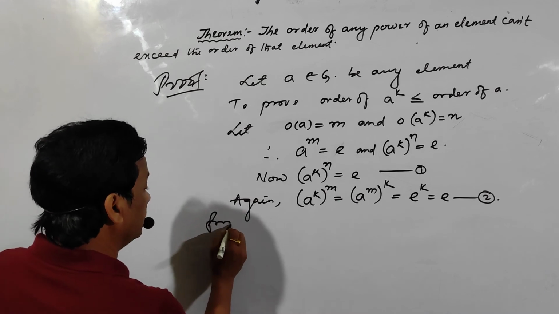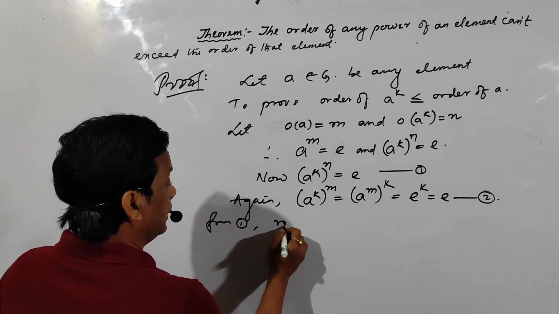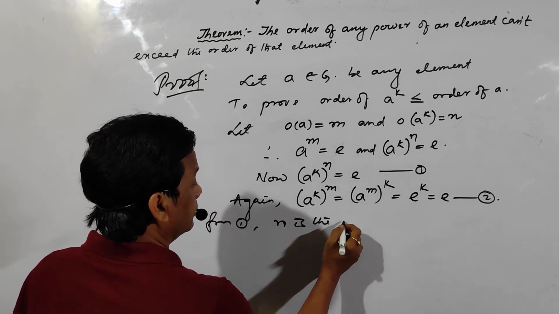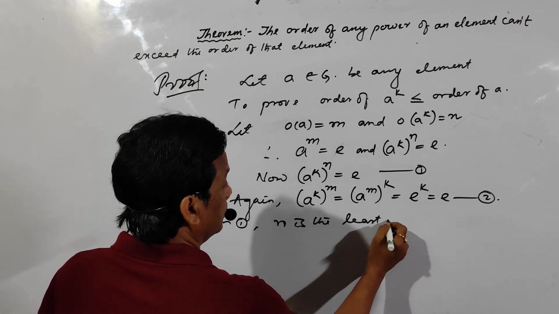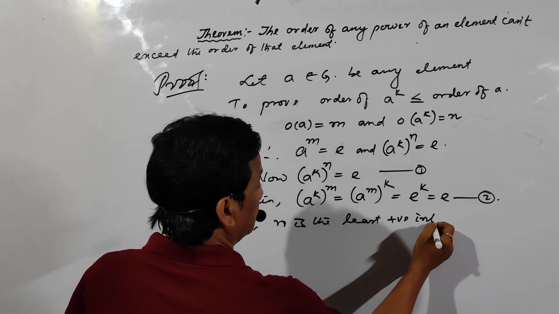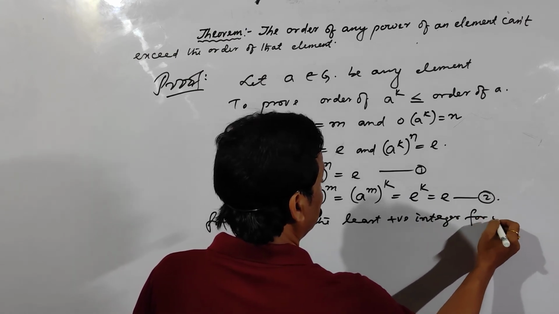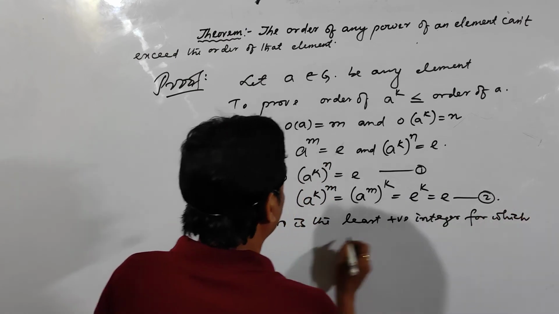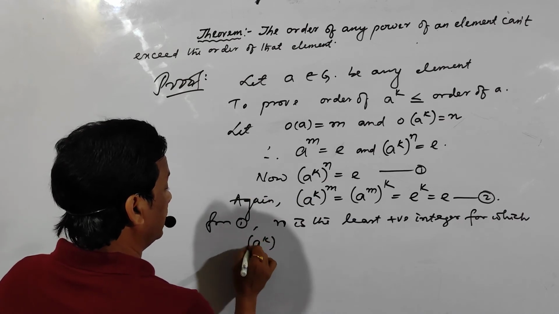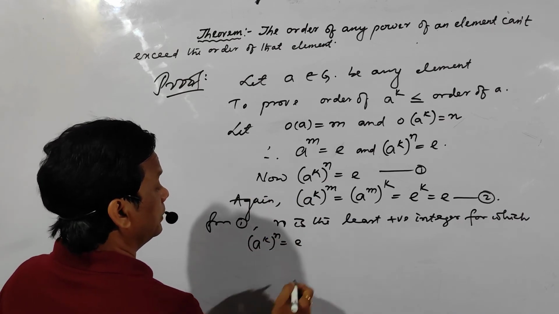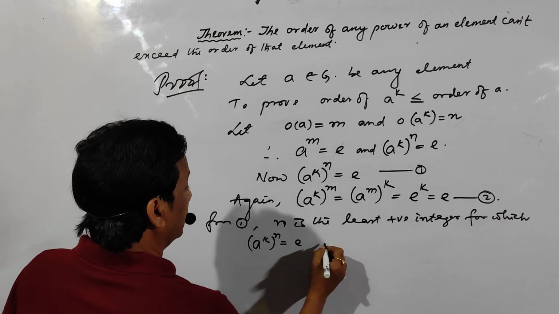From equation 1, n is the least positive integer for which (a to the power k) to the power n is equal to e. Clear?